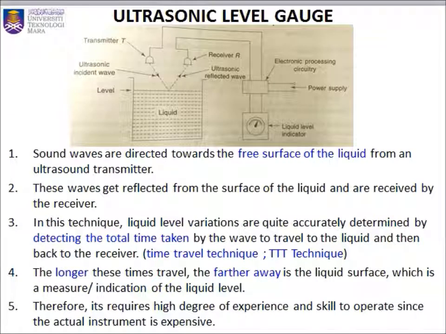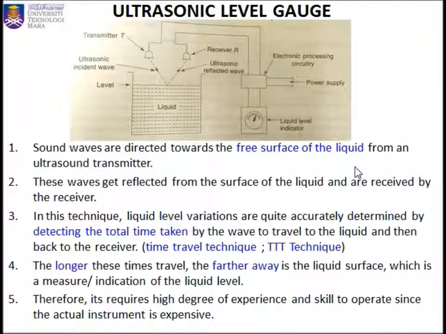Next, the last example is the ultrasonic level gauge. Okay, as you can see here, the ultrasonic level gauge has a transmitter and receiver. Okay, the transmitter will give the ultrasonic incident wave and the receiver will receive the ultrasonic reflected wave. Okay, receiver ni akan terima balik. Okay, so let's see how it works.